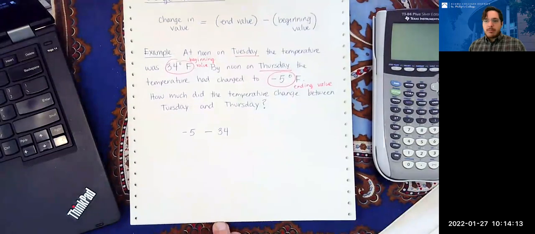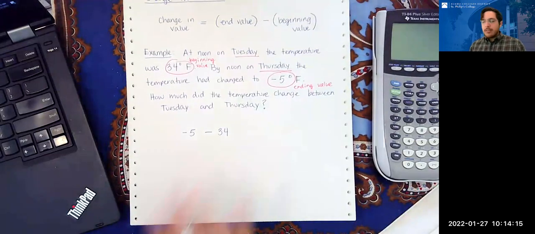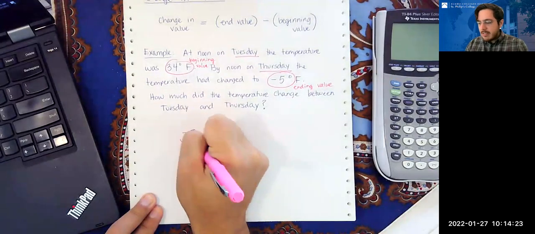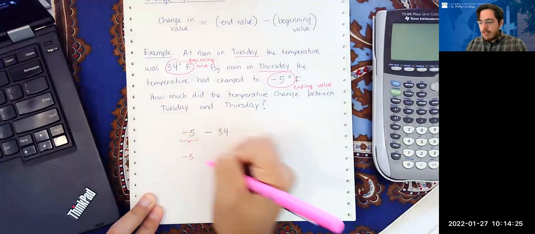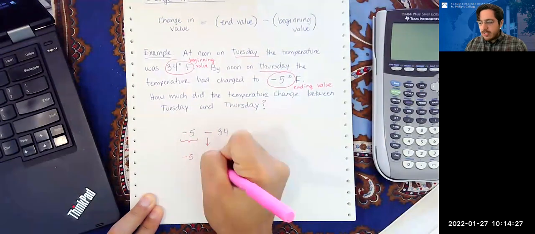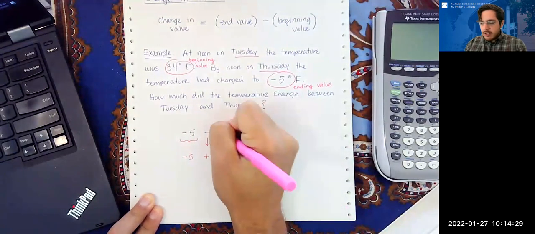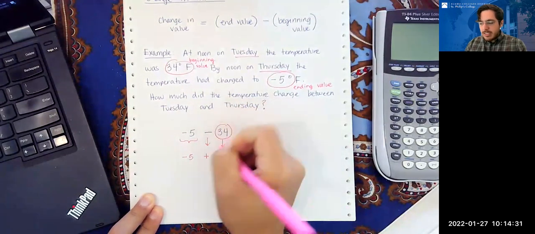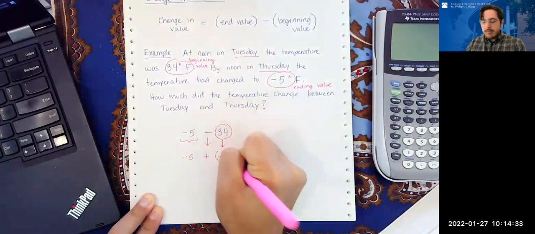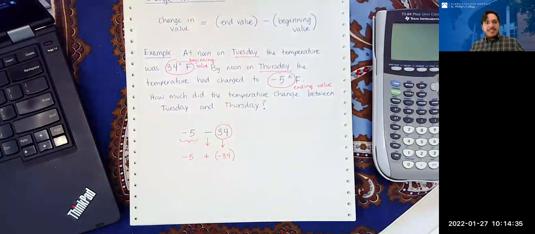Well, this is just a subtraction problem. So how should I handle this subtraction problem? Keep change, change, right? So I'll keep this -5, change to addition, change this to its opposite, which is -34. Okay, is everybody with me?